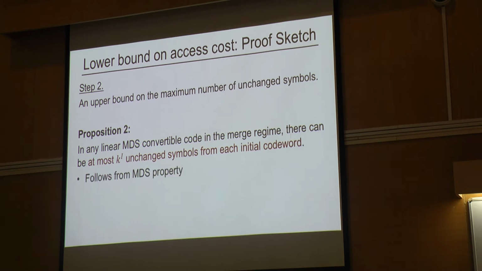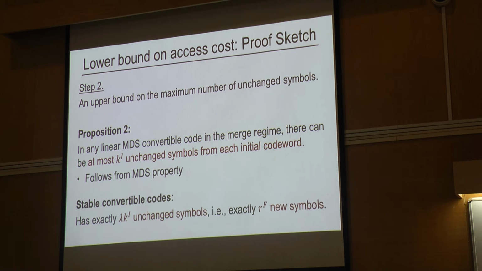If we have more than KI symbols unchanged from a single code word, then they would be dependent, right? Within a code word, only KI can be linearly independent because the total number of message symbols is KI. So if we get more, then they'll be dependent, and hence the final code word will not be MDS.